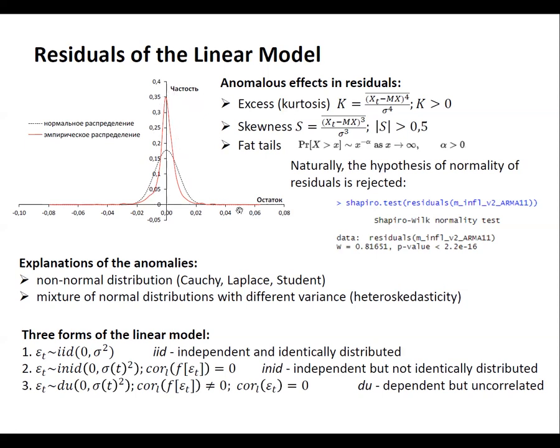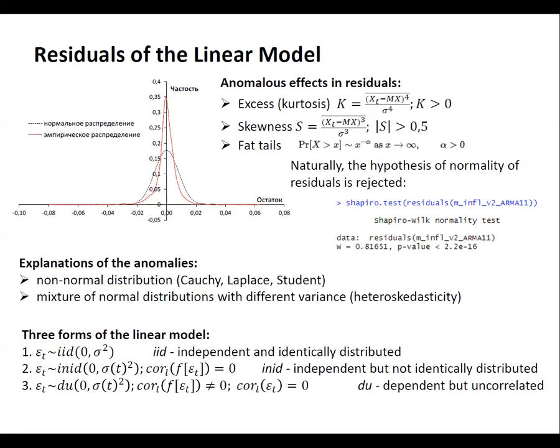The second anomalous effect is asymmetry, or skewness. Here is the standard measure of asymmetry. Asymmetry shows the skewness of the distribution either to the left or to the right. Here, if you analyze visually, you can find a slight shift to the left. In fact, the asymmetry coefficient can be completely different, because it takes into account other asymmetric things.